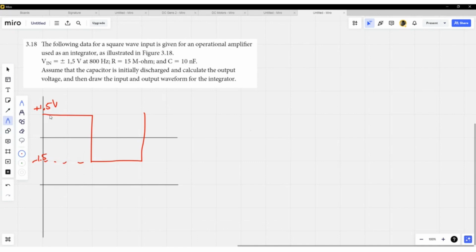So you're going to have a positive sloping line for the plus 1.5 volts and a negative sloping line for the minus 1.5 volts. If we do the calculations for the first part, this signal is at 800 hertz, so it will help to calculate the period of the signal and the half period of the signal. So 1 over 800.